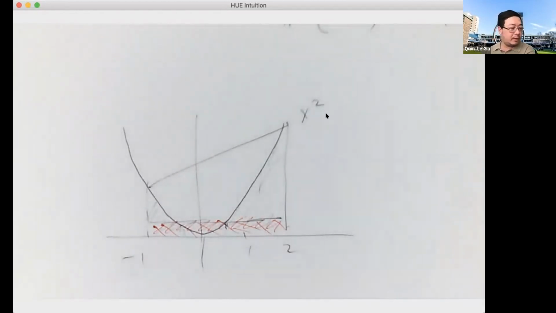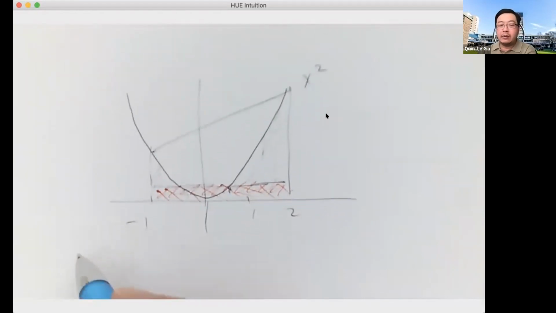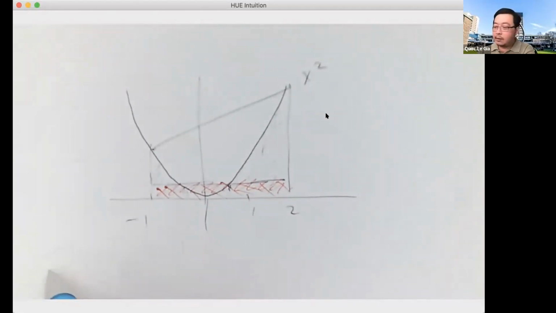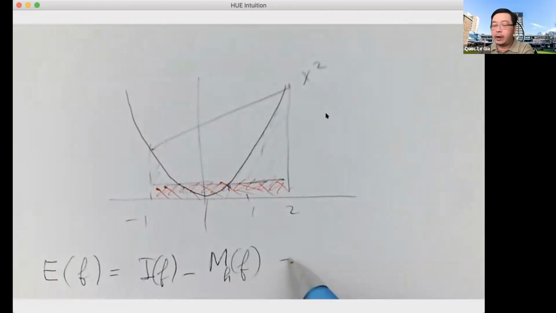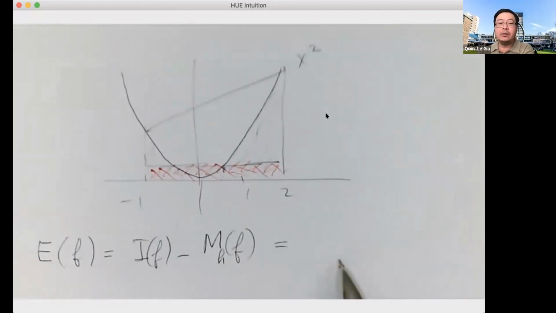If you remember the errors, suppose I take the error of the midpoint rule, which is the integral of f minus the midpoint rule with step size h. What is this equal to?